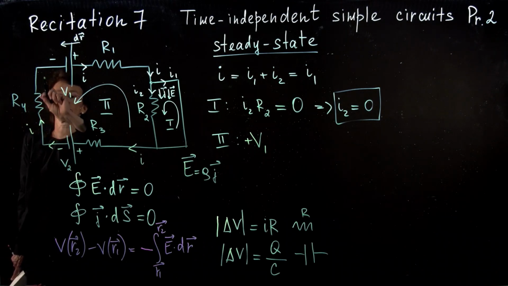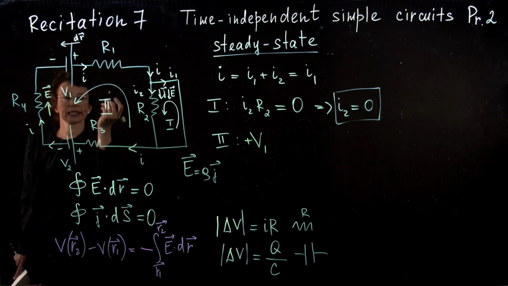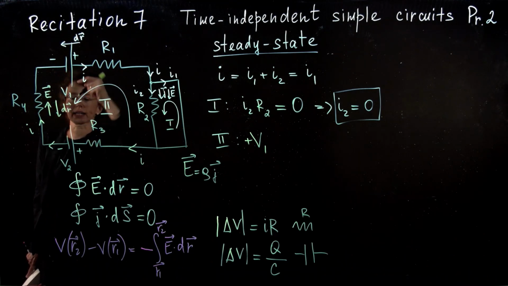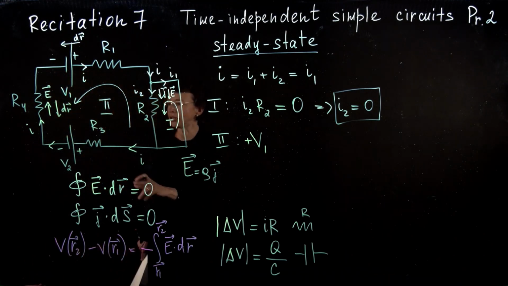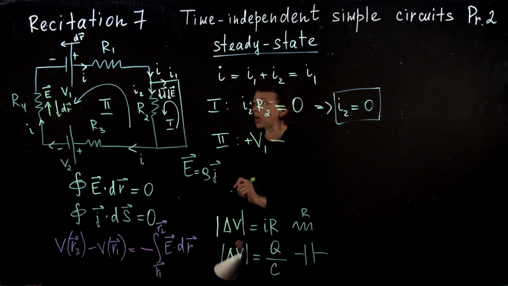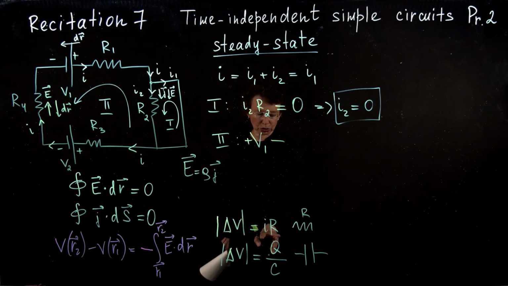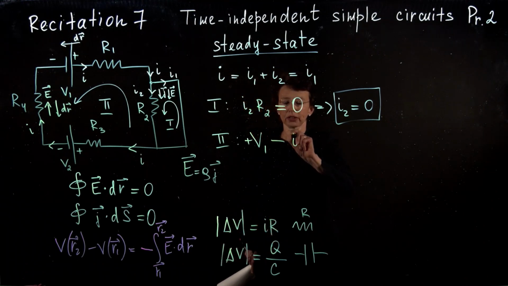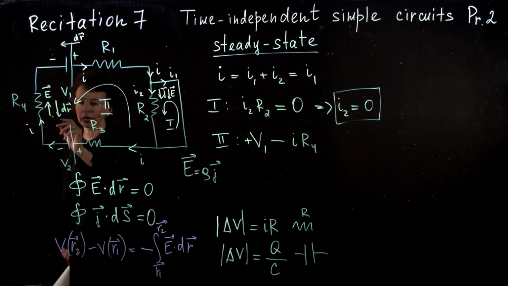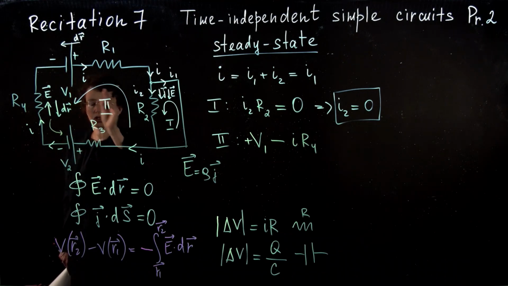Current I is flowing up, which means that J is up and E is up, but we go in the counterclockwise direction. dr is down, E dot dr has a negative sign, that's why I put minus. Magnitude is current times resistance, R4.